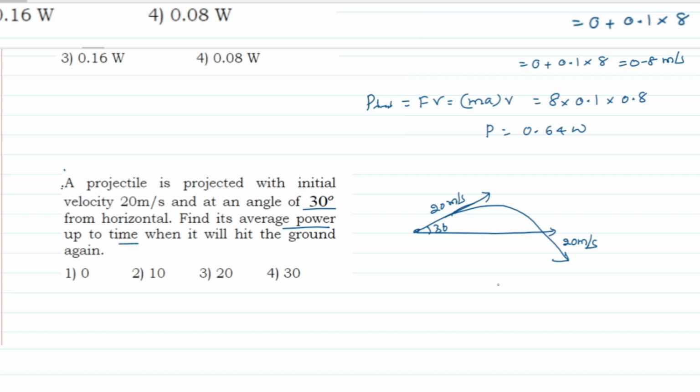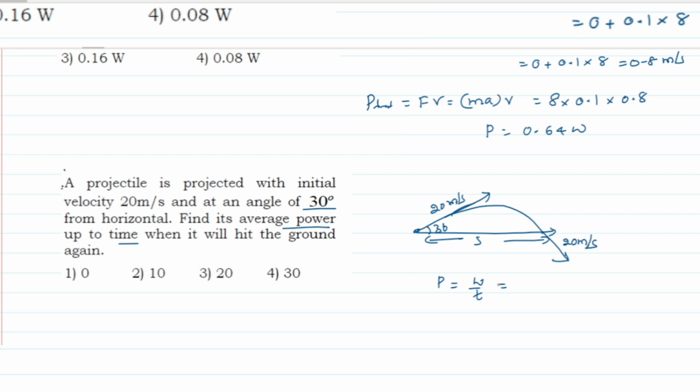Average power is nothing but power equals work done by time. Work done equals force into displacement. Here this is the gravitational force into displacement, the vertical displacement value, not the horizontal displacement.